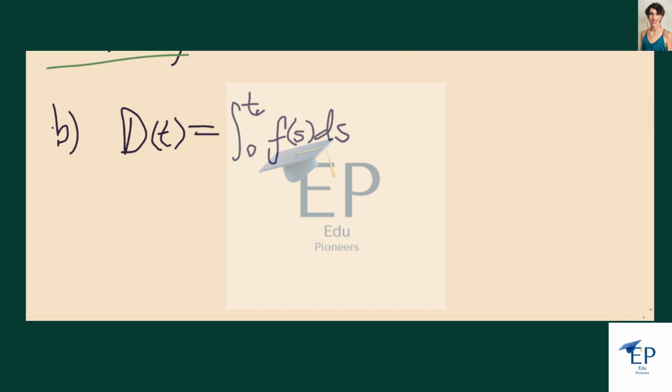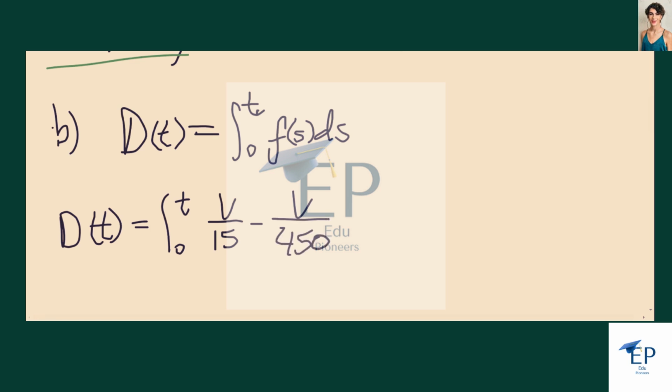So first, let's put the first piece of our function f of s into our total depreciation. We have our total depreciation d of t is equal to the integral from 0 to t of v over 15 minus v over 450 times s ds.